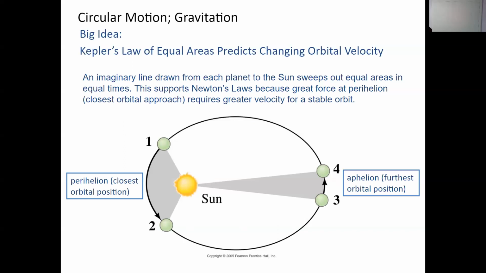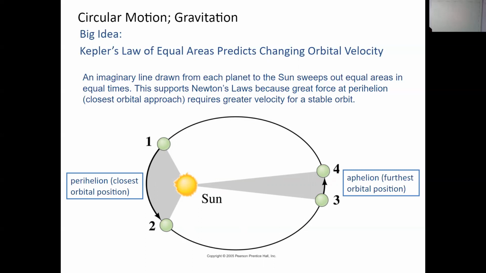Now the law of equal areas, which gave Isaac Newton some hints, says that if we take a radius vector from the sun out to the position at day 1 and out to day 2, it's going to sweep out an area that's consistent with whatever that time period is. In my case, 1 week.